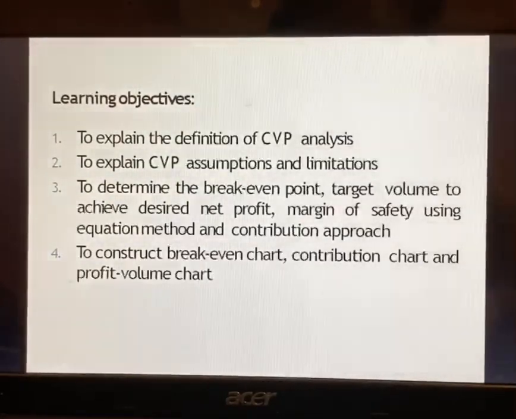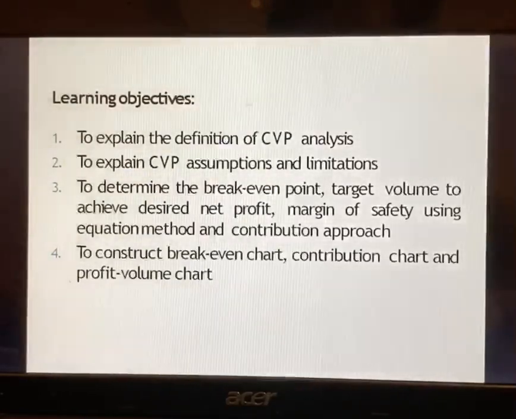Number 1, to explain the definitions of cost volume profit analysis. The learning objective number 2 is to explain the CVP assumptions and limitations.